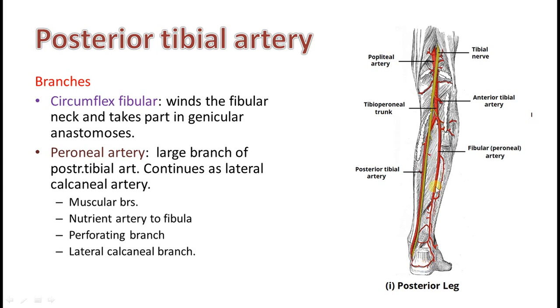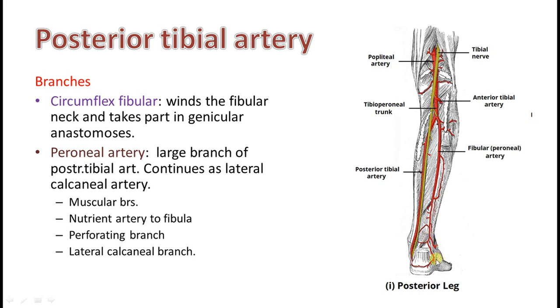This peroneal artery gives muscular branches, a nutrient artery to the fibula, a perforating branch and a lateral calcaneal branch. The perforating branch will take part in the lateral malleolar network, anastomosis around the lateral malleolus, and even the lateral calcaneal branch takes part in the malleolar network.